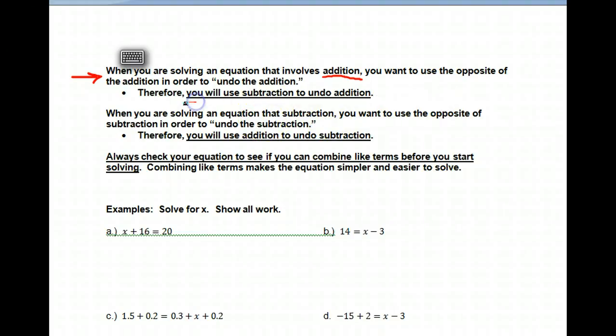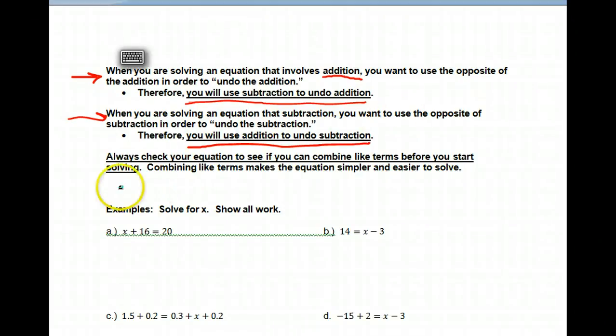So therefore, you will use subtraction to undo addition. When you are solving an equation that has subtraction in it, you want to use its opposite to undo that subtraction. So you will use addition to undo subtraction.